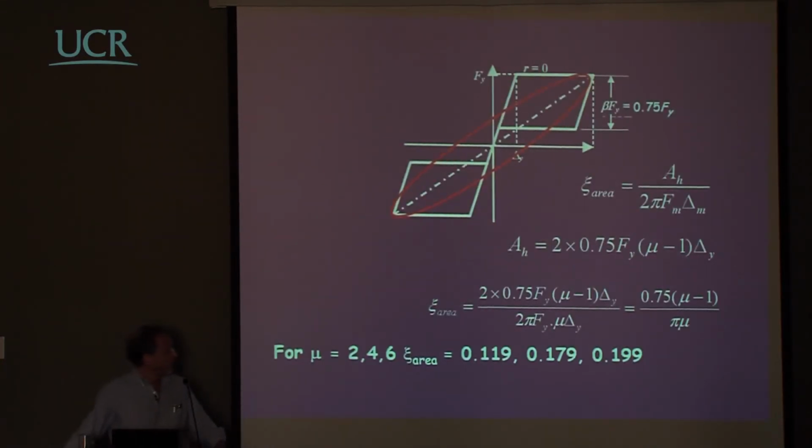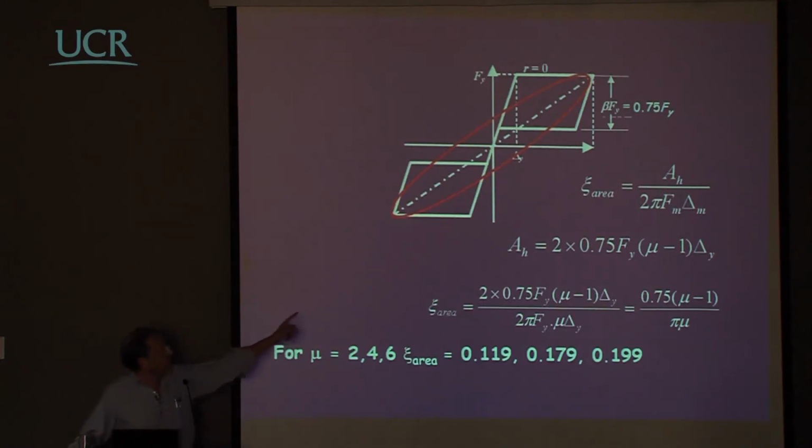Here you have a flag type hysteresis loop, and you can see that the red oval that you obtain is of that sort.